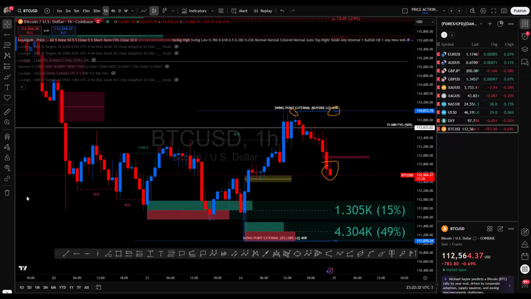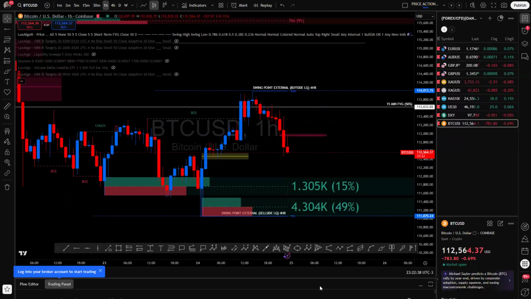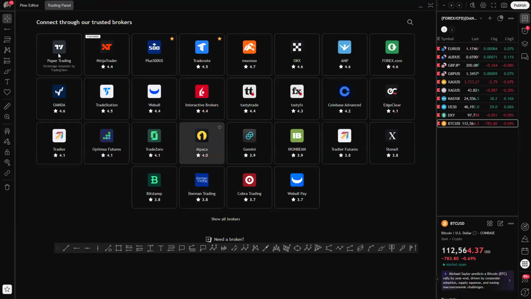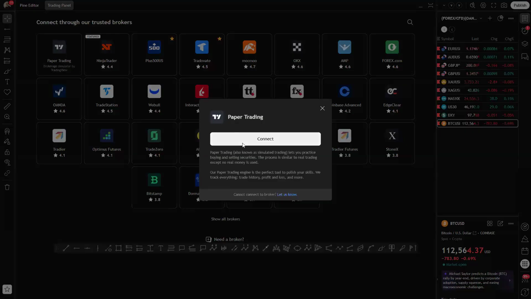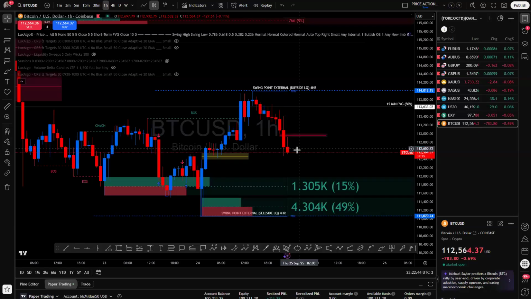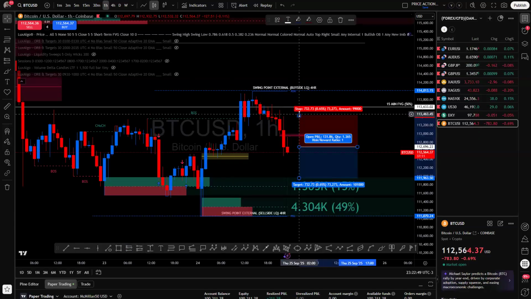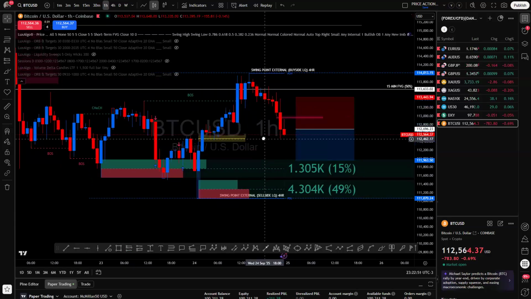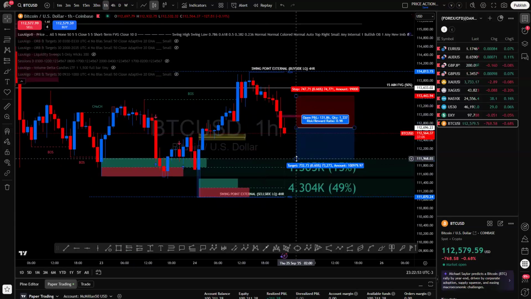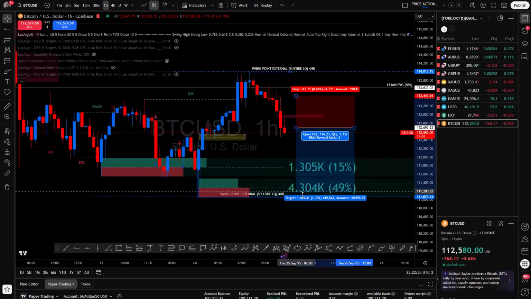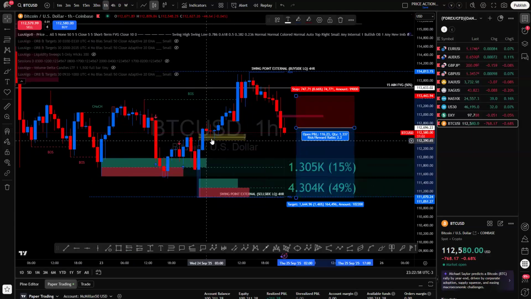So what I'm going to do is enter this trade here. I'm going to put our stop loss up here. And we could probably plug it down to this liquidity here, especially if price ends up invalidating this fair value gap. So let me go ahead and just take this trade.